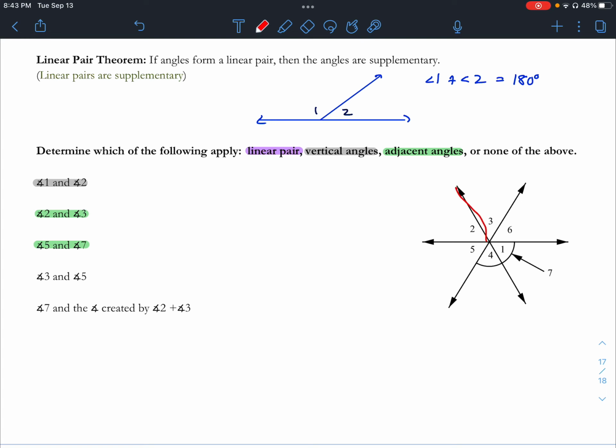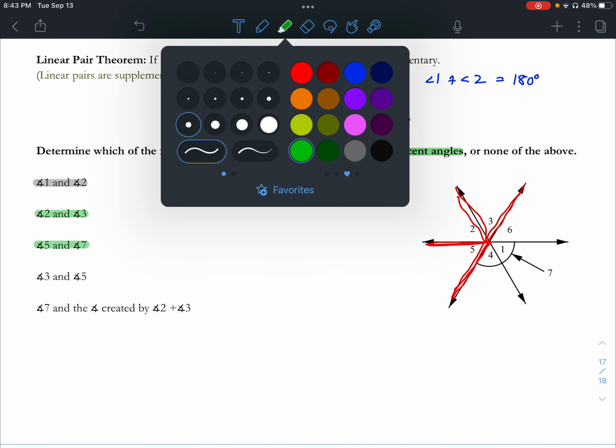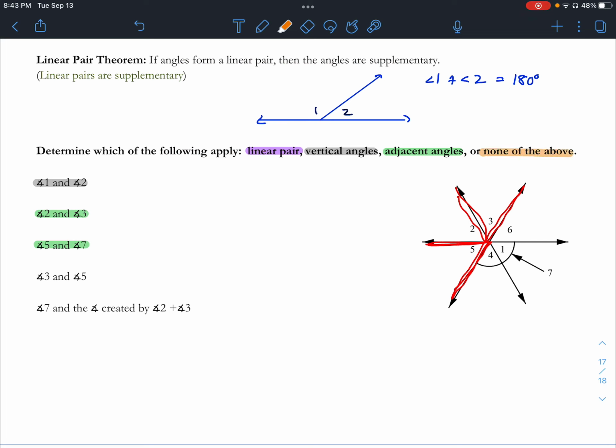Angle 3 right here. Angle 5 right next to it. I think I'm missing a color because this looks like a good old-fashioned none of the above. Those do not share a single wall. They are not quite vertical angles. Remember, vertical angles are made from two straight lines.